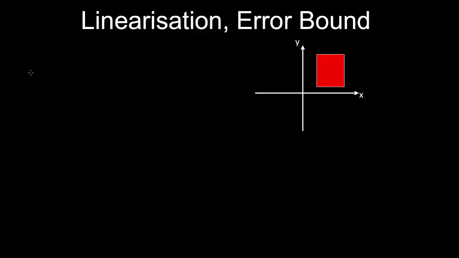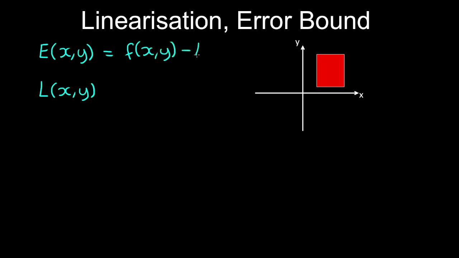The linearization of a function f, giving a linear approximation, results in some error. So the error in the standard linear approximation of the function f of two variables is the difference between the value of the function and a linear approximation.